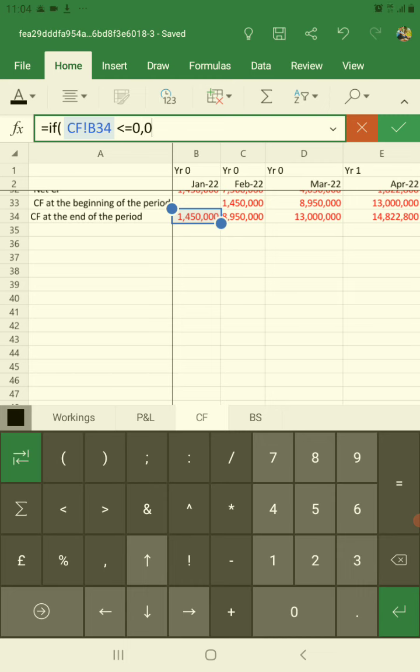You should not report the negative figure, but report 0. Otherwise, I put comma, and put this figure. Okay? And then I close the bracket and enter.